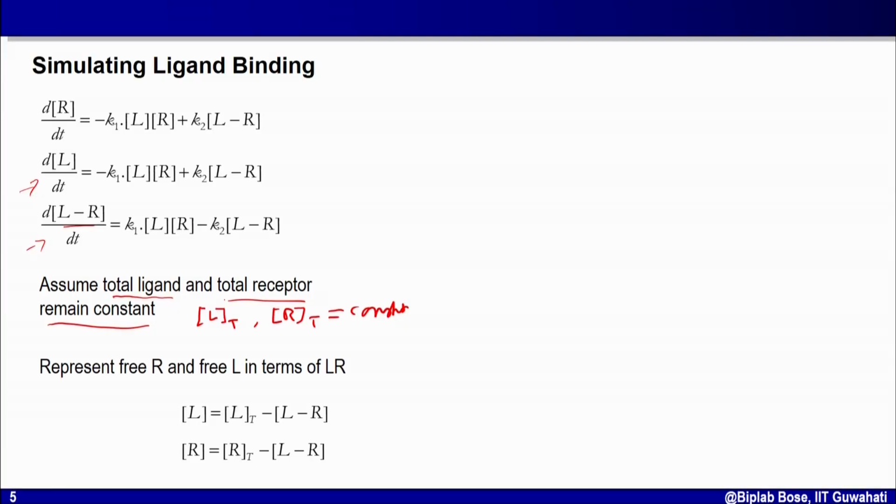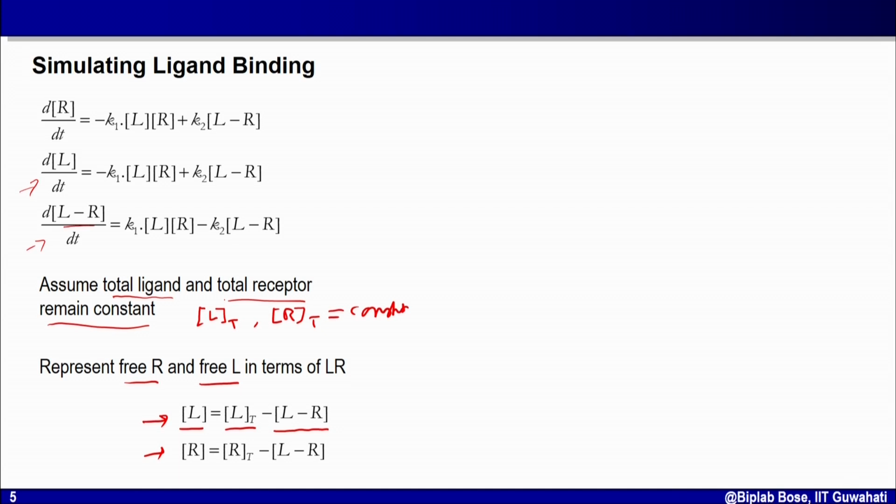So if I have assumed that these two things are constant, then I can represent free R and free L in terms of the algebraic equations given here. The concentration of free L will be equal to the total concentration of the ligand minus the concentration of the complex, because that complex has sequestered some amount of ligand.